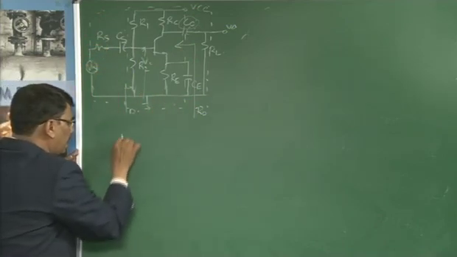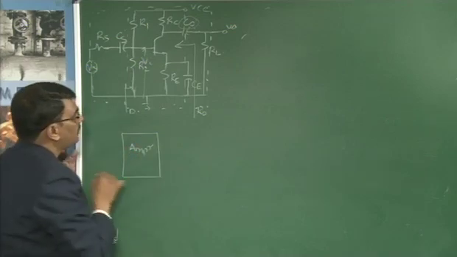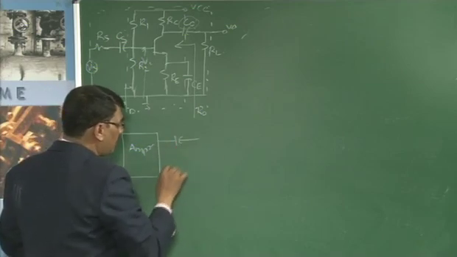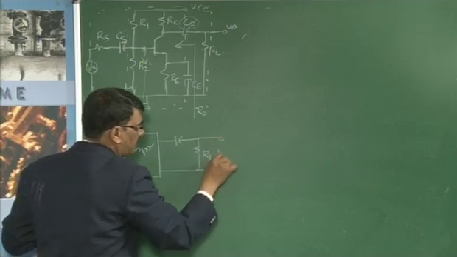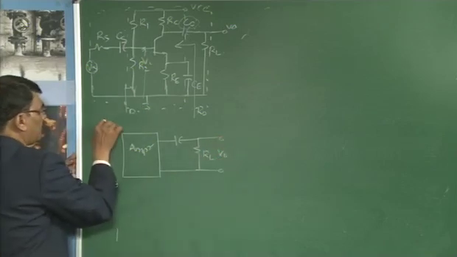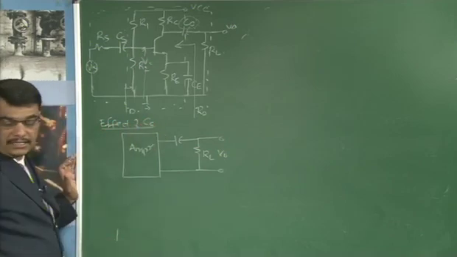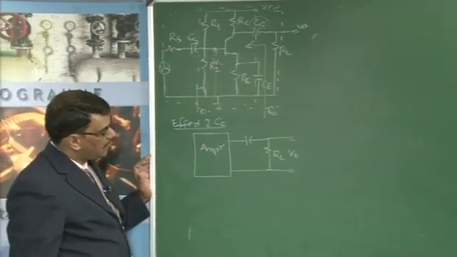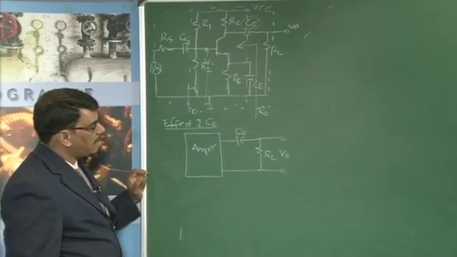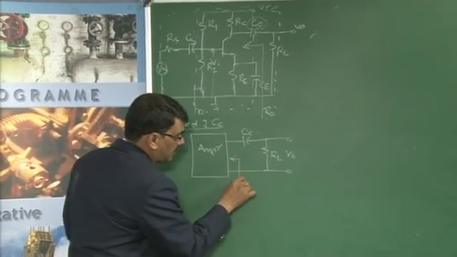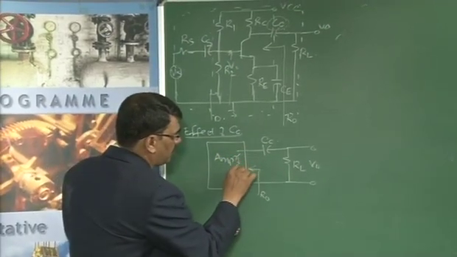You get the amplifier as a network box, connected through Cc, and the output is taken across RL. This is V0. You have to consider the effect of the coupling capacitor Cc at the load. When you are looking back into this, the resistance is R0, which you have to consider.